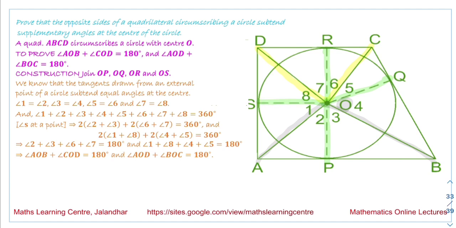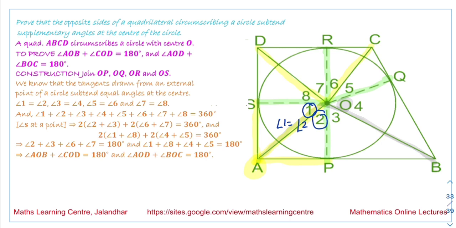We have marked these angles as 1, 2, 3, 4, 5, 6, 7 and 8. Now if we consider this point A, then AP and AS are the two tangents from the point A, and we have joined A and O. We know that OA is the angle bisector, so angle 1 will be equal to angle 2.